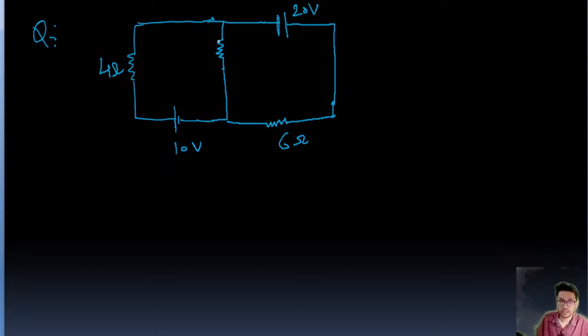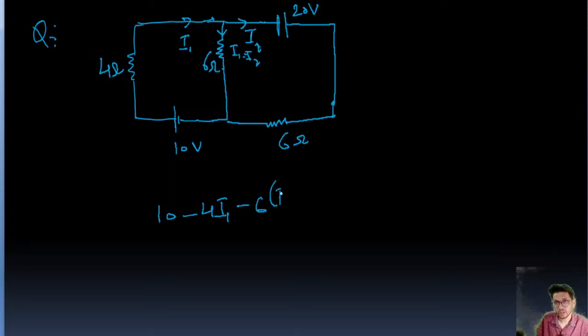Now we need to solve this by KVL, guys. Again, this is I1, this is I2, and this current is going to be I1 minus I2. This is 6 ohm. So in loop 1 we can easily use it: 10 minus 2, plus minus 4I1, simple, minus 6 into (I1 minus I2) equal to 0.